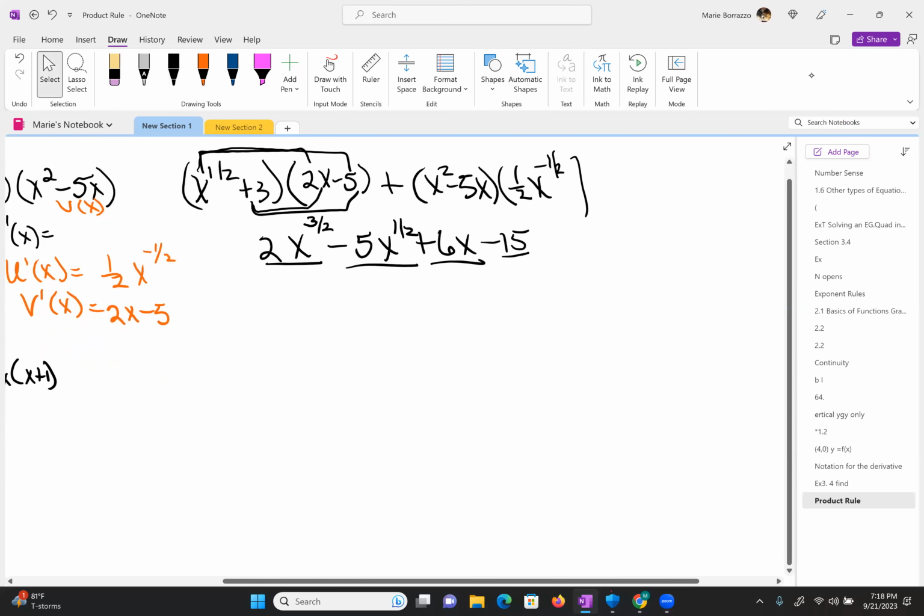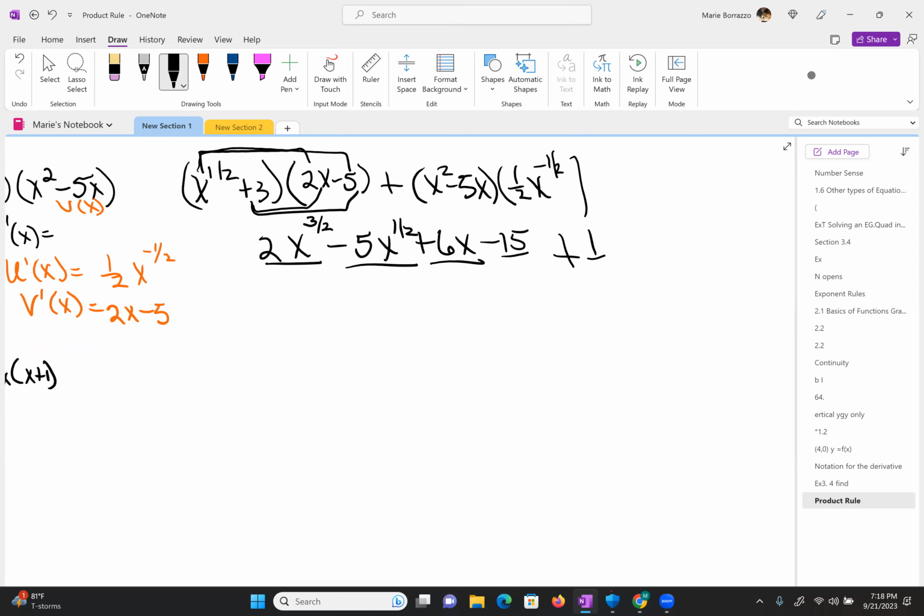Okay, great. Now we do the distribution on the other side, which gives us plus 1/2 x to the 3/2 minus 5/2 x to the positive 1/2.